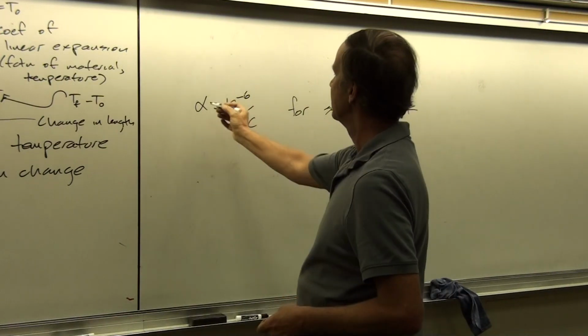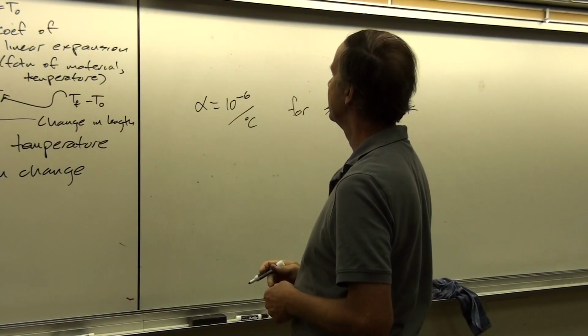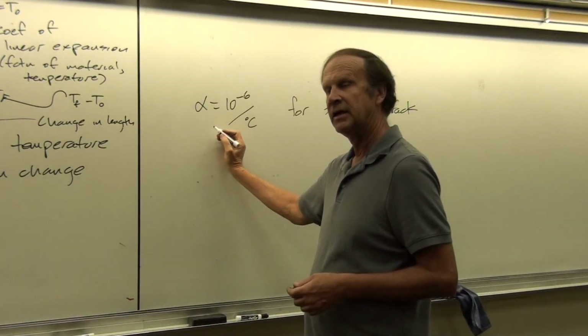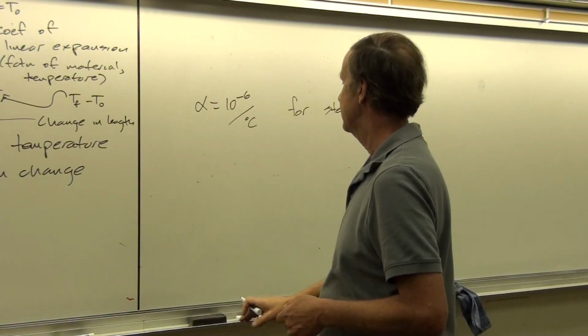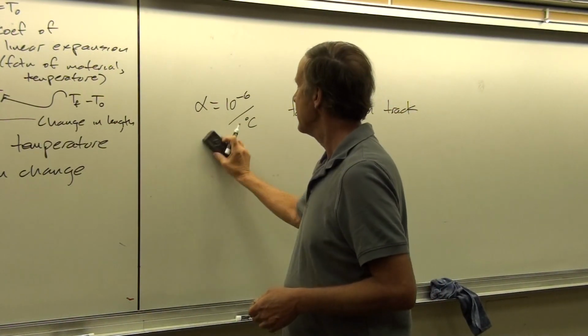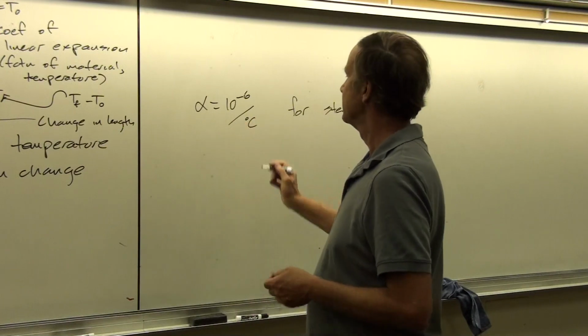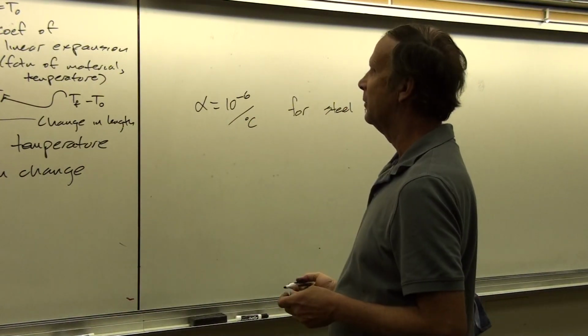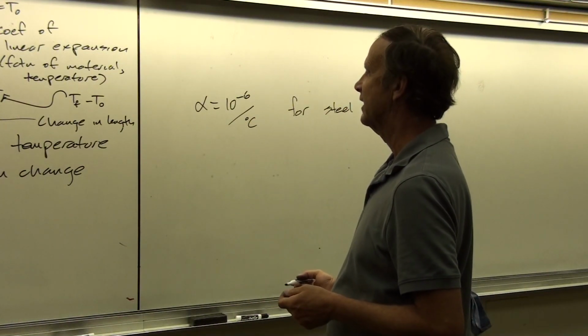Now, this number is just an easy number for me to work with, and it's not something that I looked up in a handbook of chemistry and physics. Okay, so this is not the correct value for most forms of steel, but it's still in the right ballpark, and it makes it easier to do the calculation.